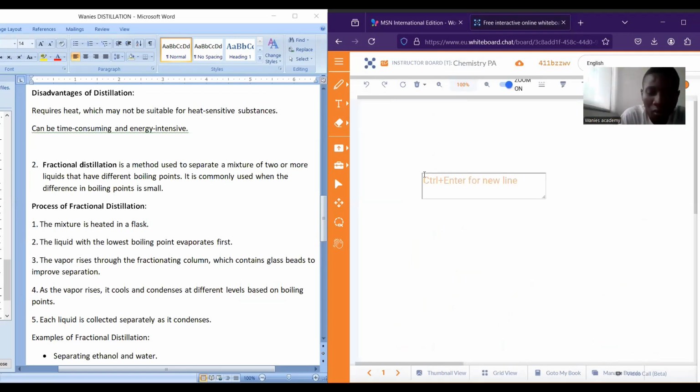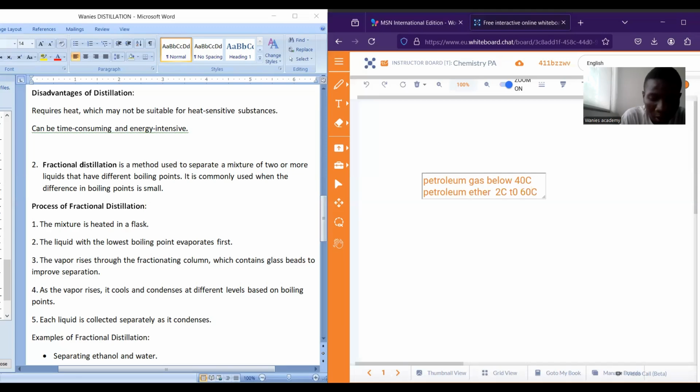For example, among the crude oil fractions, we have petroleum gas. Petroleum gas has a temperature below 40 degrees Celsius. And we also have petroleum ligroin, which has a temperature range between 20 degrees Celsius to 60 degrees Celsius.